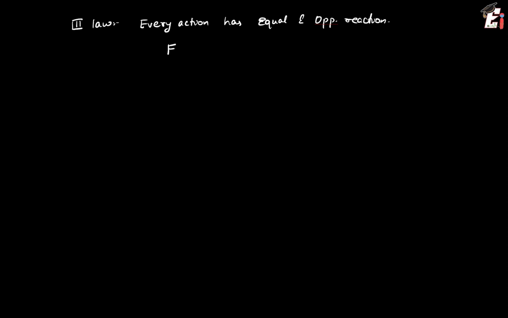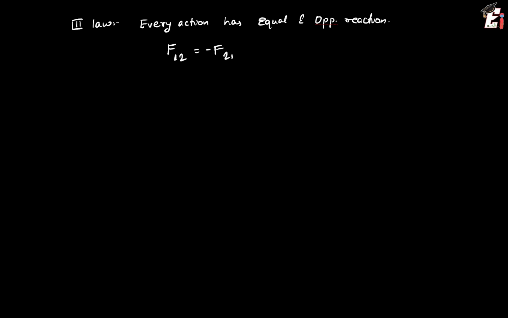So basically, the force that one puts on two, the same force two puts on one in the opposite direction. That is the meaning of this. So the force that one puts on two is equal to the force that two puts on one, just in the opposite direction. That is Newton's third law.